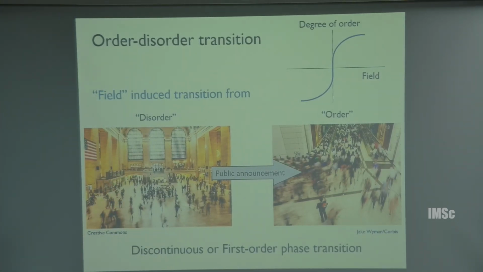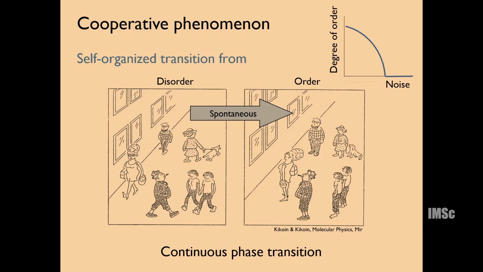By contrast, you can have a self-organized transition where you have a cooperative phenomenon where there is a continuous transition from order to disorder. And an example of this is shown here. So if you want an example of this, just during lunchtime, I suggest you do this very, very rigorous experiment.